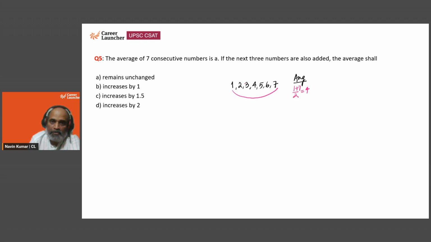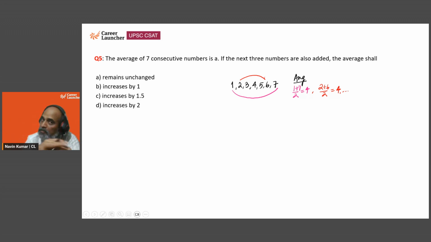Or you can calculate the average of second and second last, 2 plus 6 by 2, and so on. It doesn't matter. So basically, you choose a number on the leftmost side and the number on the rightmost side and take the average of only these two numbers.